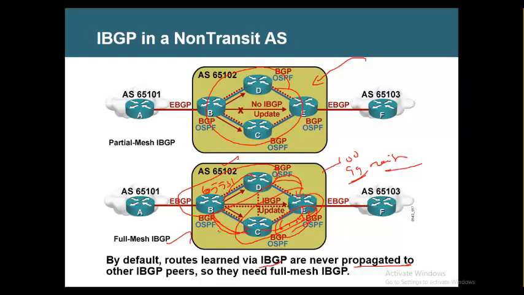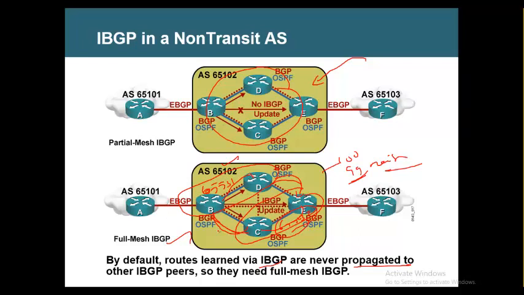So we call this concept confederation, creating sub-autonomous systems to create an eBGP relationship inside an autonomous system. Again, it's a costly solution, and no one wants to do this because we have MPLS layer 3 VPN.